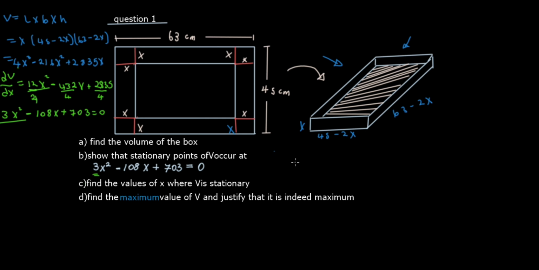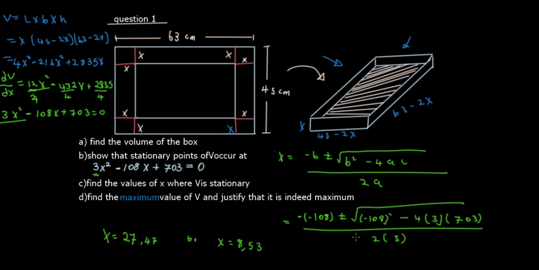Let me just use the quadratic formula. It says x equals -b plus or minus square root of b squared minus 4ac, over 2a. As you substitute everything that you have, you are going to find out this will be your values of x.